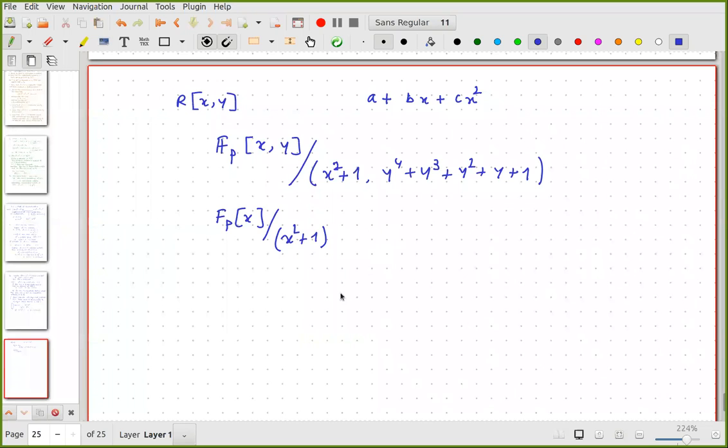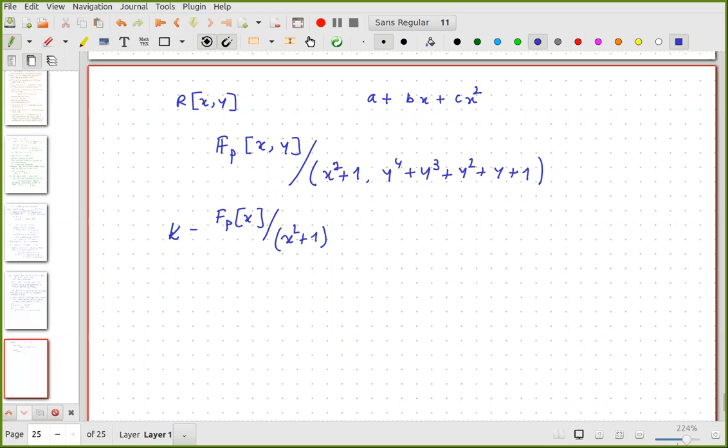So you can sort of bootstrap this way. And in general, if you have any commutative ring and go modulo a maximal ideal, you will get a field.